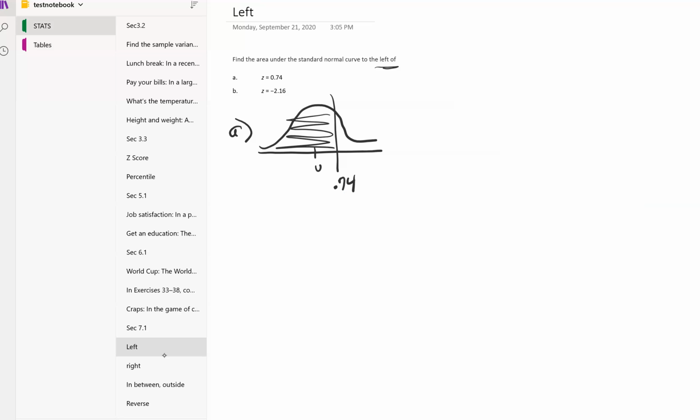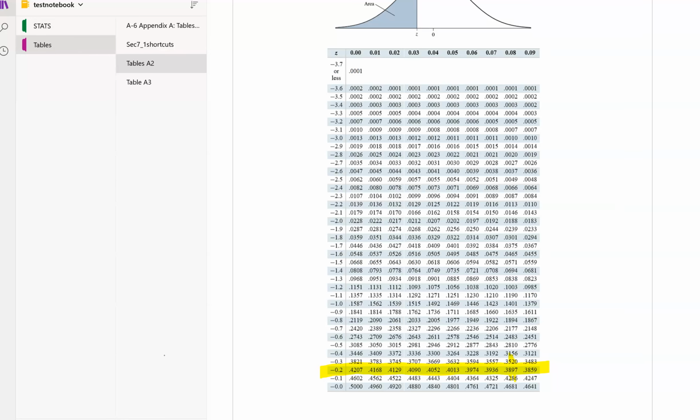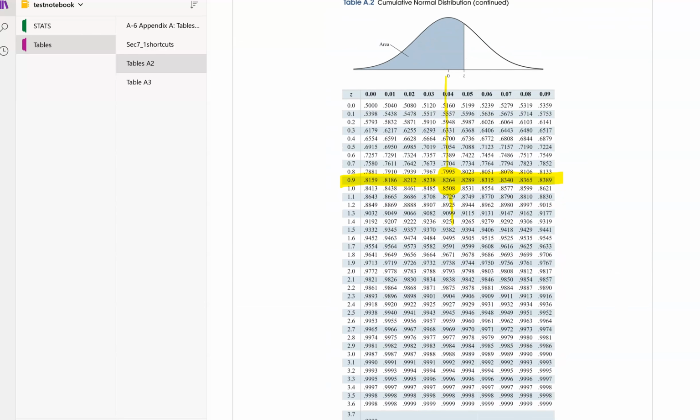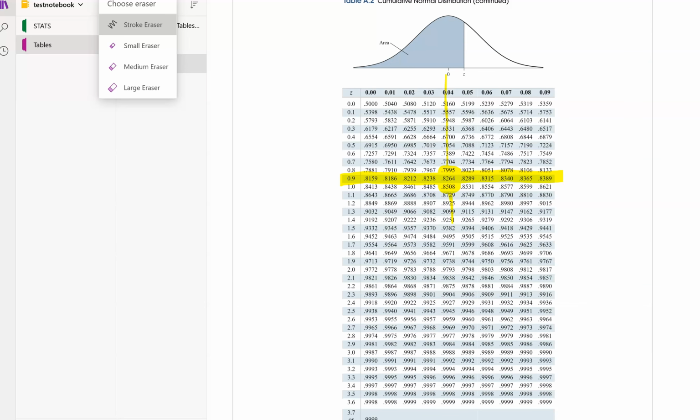So I'm going to look up 0.74 on the table, on the positives. 0.7 is here and 4 is here, so it's 0.7704.